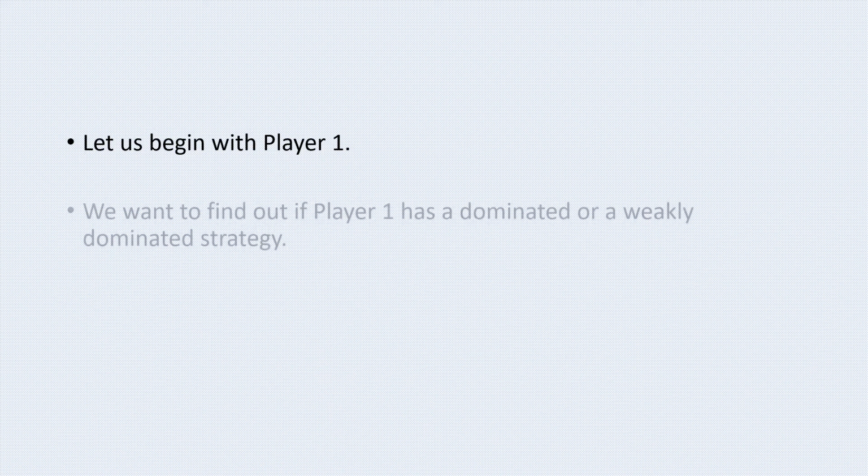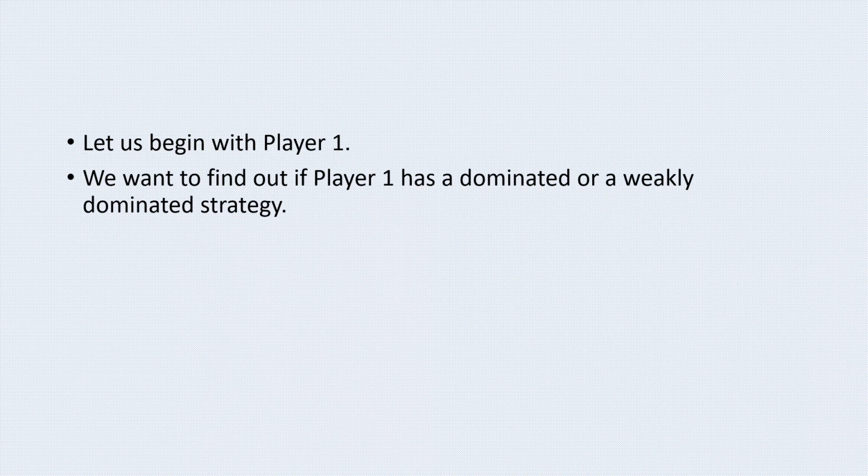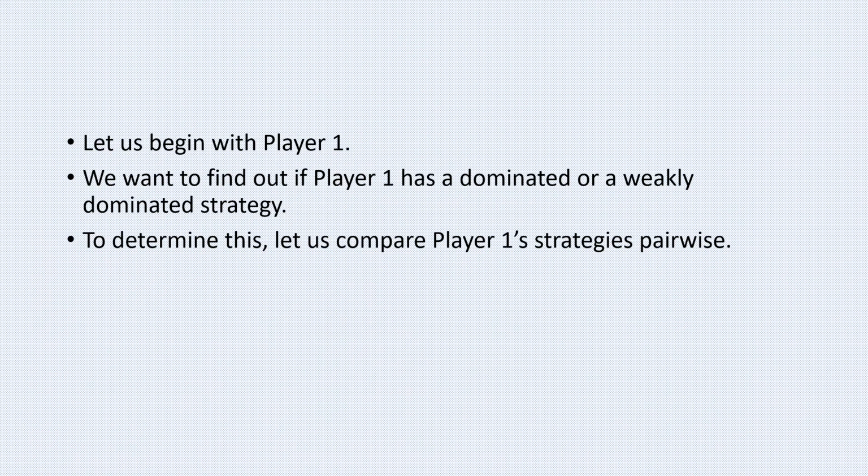Let us begin with player 1. We want to find out if player 1 has either a dominated or a weakly dominated strategy. In order to determine this, we need to compare player 1's strategies pairwise.